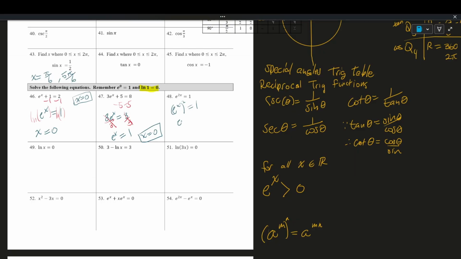Square root both sides. We get e to the x equals plus minus 1. But remember, e to the x must be positive. So we don't really need this plus minus. And then we can solve for x the same way we solved previously.